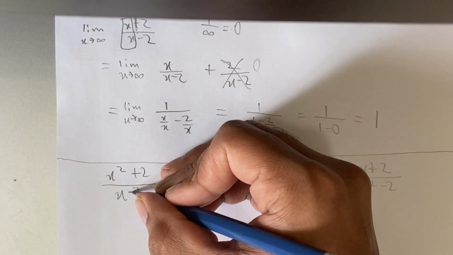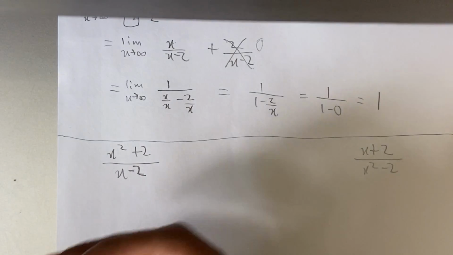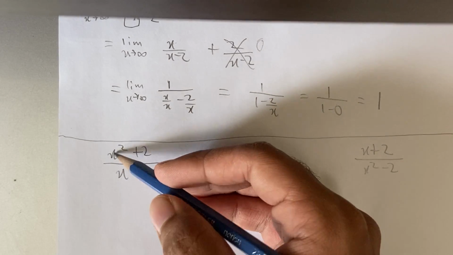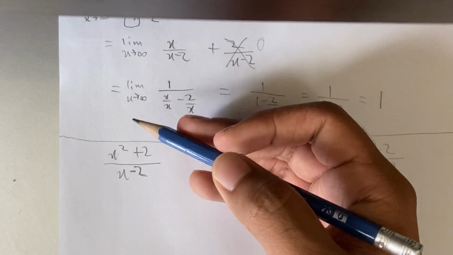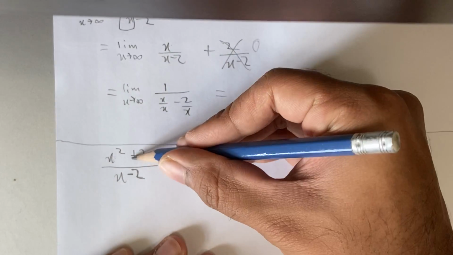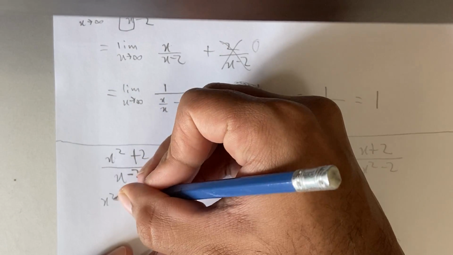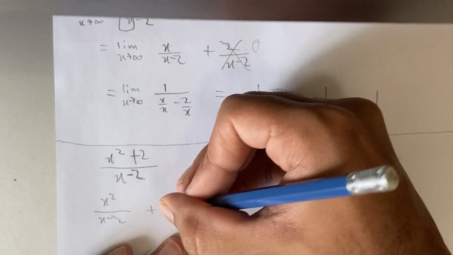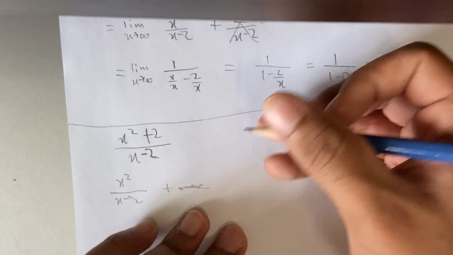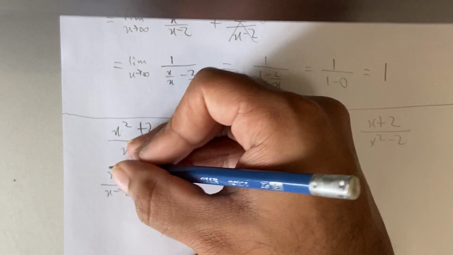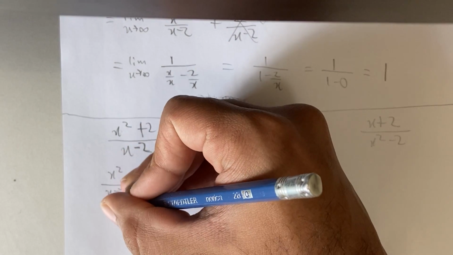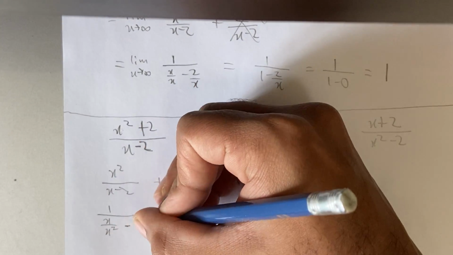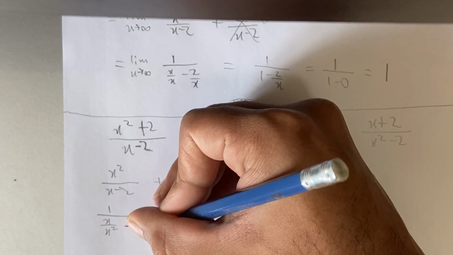In this case it becomes harder because this is a bigger power. If we split this, we get x squared over x minus 2 plus blah blah blah, because we don't care about this part. Then we divide by x squared, so we get 1 over x squared minus 2 over x squared.